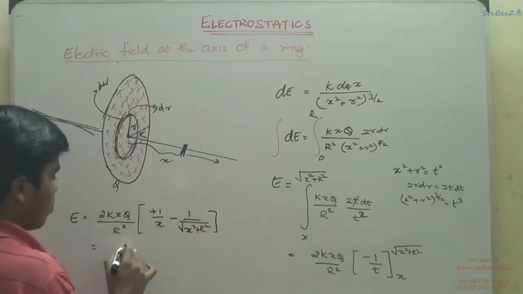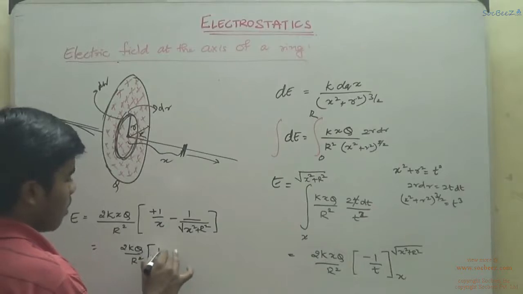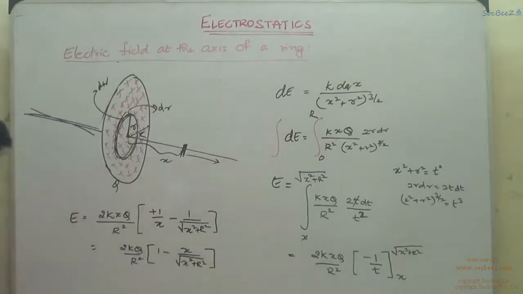This is equal to 2k by R square times 1 minus, now this is one type of denoting the expression.